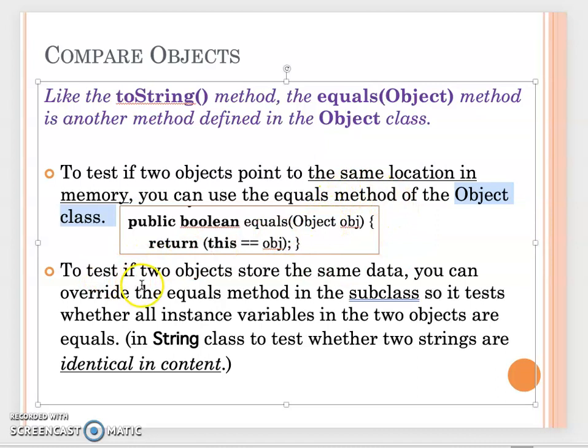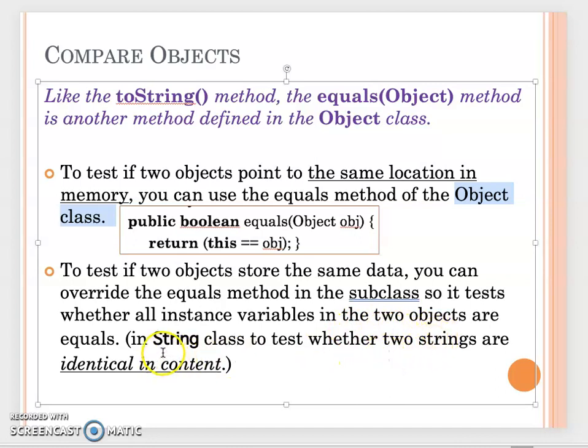So to test if two objects store the same data, you cannot use this default equals method. In order to compare your objects by the same data, like the String class, which overrides the equals method, you can override the equals method in your subclass. The test depends on which variables you want in the two objects to be equal.